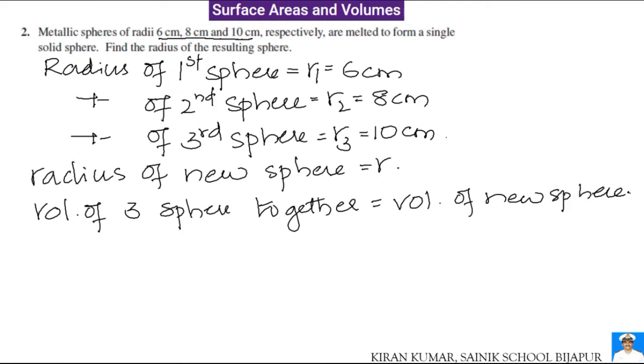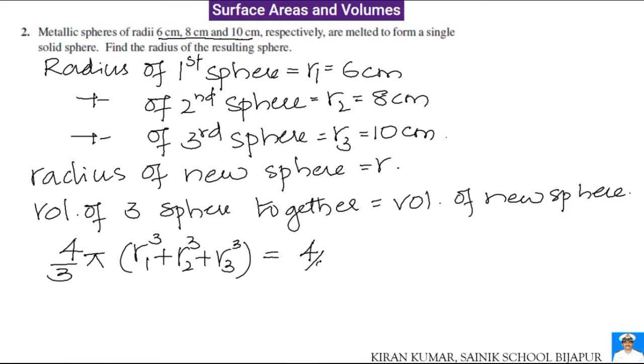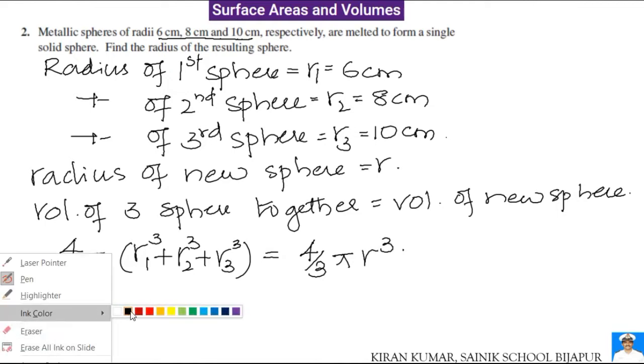Volume of a sphere is given by 4 by 3 pi r cube. Here if I take 4 by 3 pi as common, I'll be having r1 cube plus r2 cube plus r3 cube equal to volume of the new sphere, 4 by 3 pi times r cube. Observe it carefully.